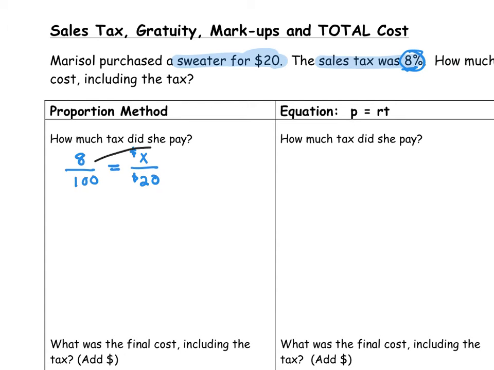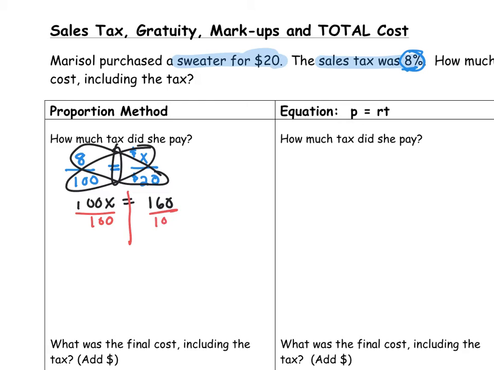So now we're going to cross multiply. And once we have 100x equals 160, we're going to go ahead and divide to eliminate the 100.